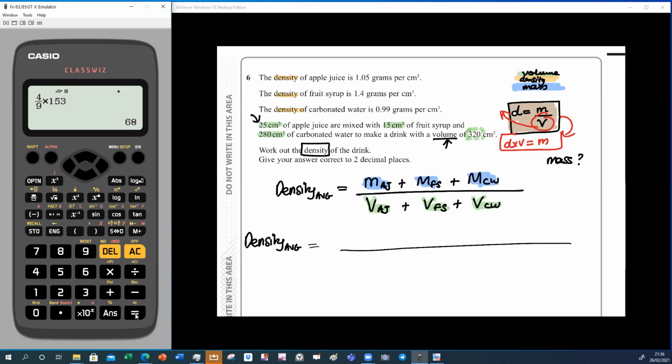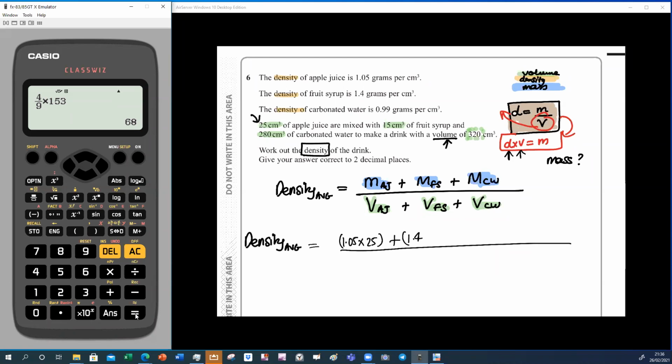Right, if I want to work out the mass of the apple juice, what two things do I need to look at? The density and the volume. What's the density of the apple juice? 1.05 grams. And what's the volume of the apple juice? 25. Let's pop that in a little bracket there. Now, what's the density of the fruit syrup? 1.4.